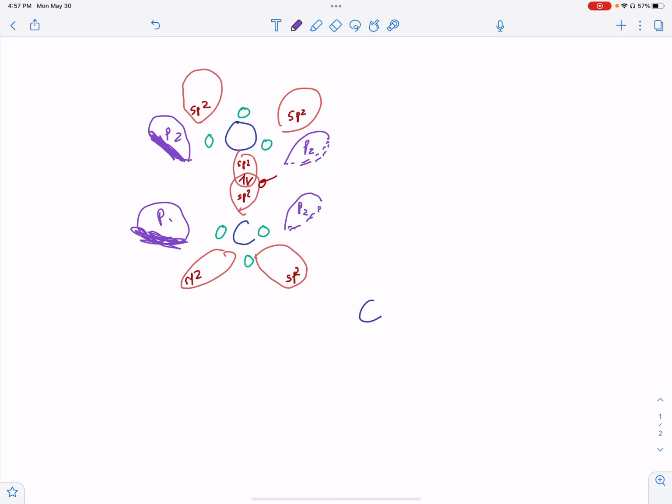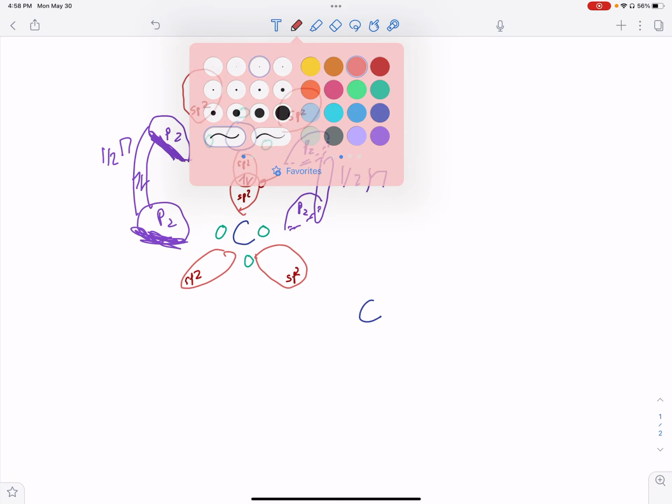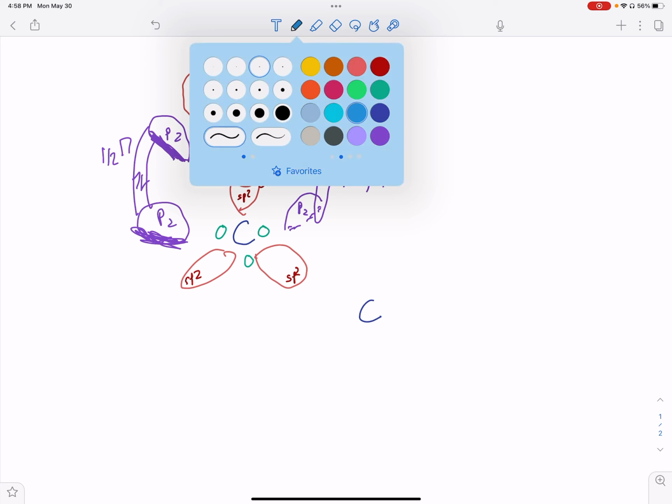And remember, these will overlap to form a single pi bond, so each of these will be sharing half of a pi bond. We'll show the electrons just in one of them. That's fine. Okay, so now let me address the other carbon, and that's going to have 4 sp3 hybrids. 2 of them will be going in the plane and 2 of them will be going out of the plane.